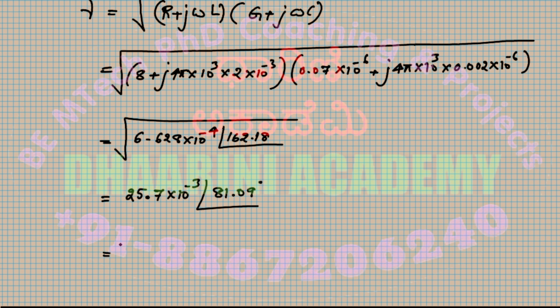Now I want this to be converted. I just want to equate this with alpha plus or minus j beta, right? So you need to convert this, which is in the polar format, into the rectangular format.